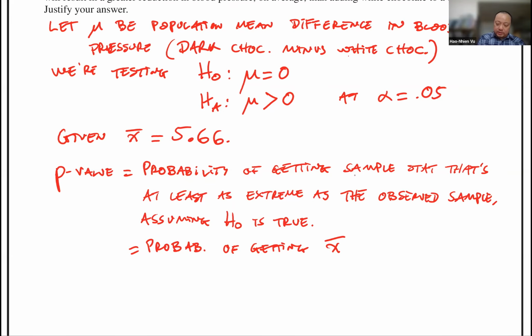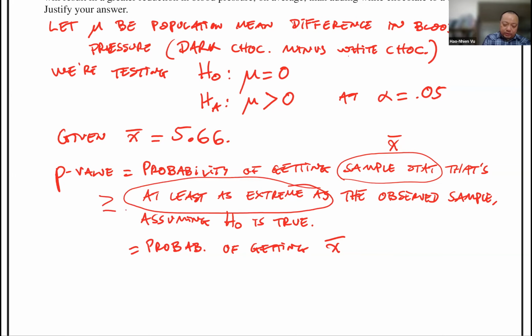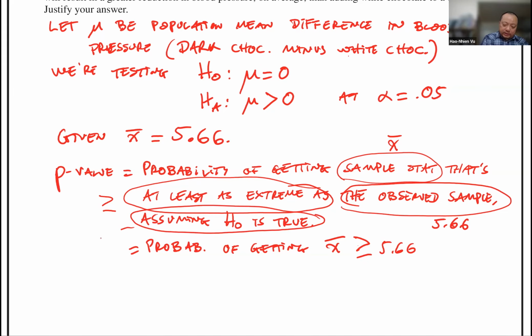So the probability of getting an X bar at least as extreme as the observed stat, greater than or equal to 5.66 right here, assuming H0 is true, and that is what the simulation does. So it's the probability of getting X bar that's greater than or equal to 5.66 in the simulation.